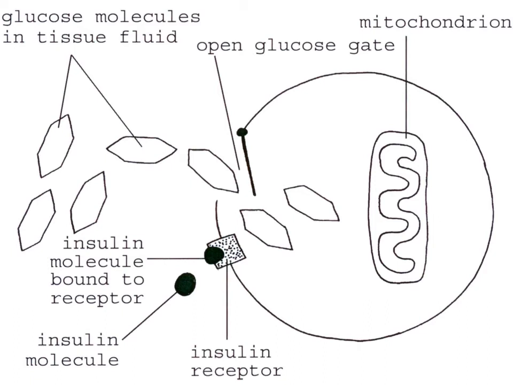But the key thing is the insulin is facilitating the passage of the glucose through the phospholipid cell membrane, which normally keeps the glucose out. So the glucose is getting from the blood and tissue fluid, where it's causing high blood sugar levels, into the cytosol of the cell, where the mitochondria are just waiting to utilize the glucose in the formation of energy.